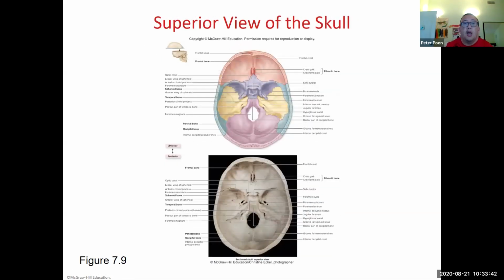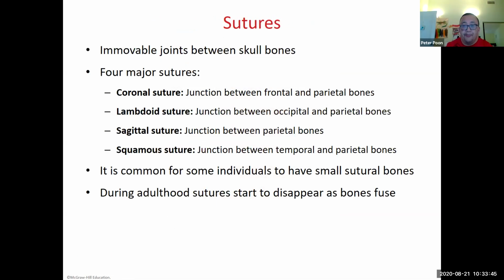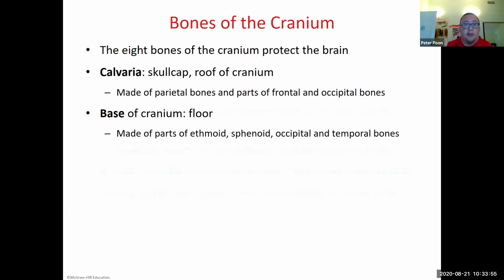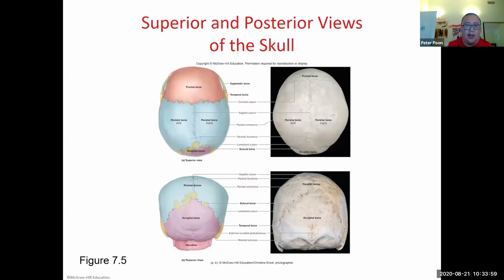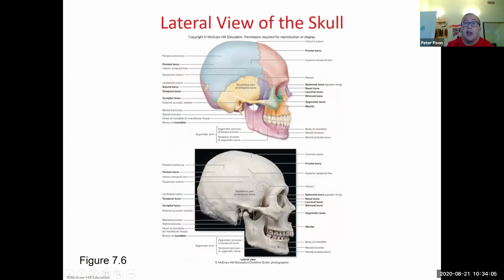The sagittal suture runs through the mid-sagittal plane and separates the 2 parietal bones from each other. There, that line down the middle is the sagittal suture.